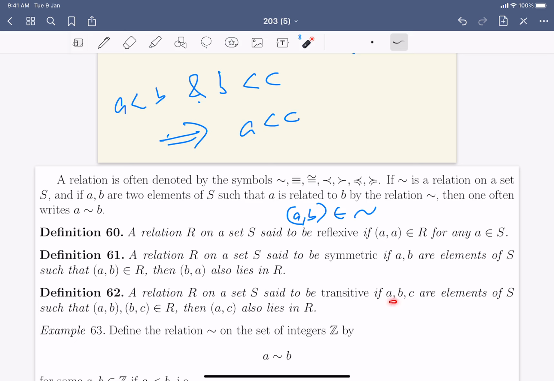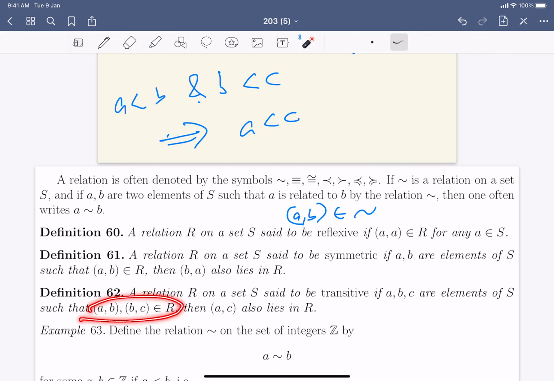I mean that if R is a relation on S and A, B, C are elements of S such that (A, B) and (B, C) both lie in R, in other words, A is related to B and B is related to C, then we have that A is related to C, or in other words, (A, C) lies inside R. In such a situation, we say that this relation is transitive. Okay, so note that this has to hold for all choices of A, B, C satisfying this condition.